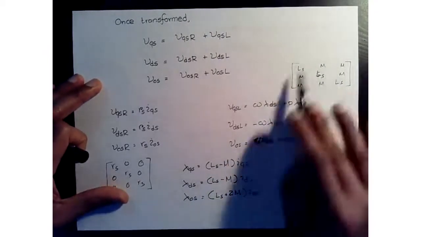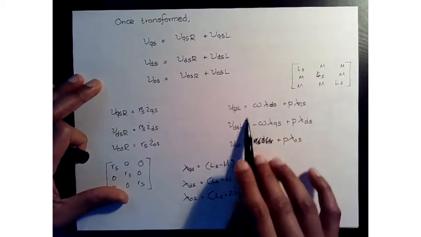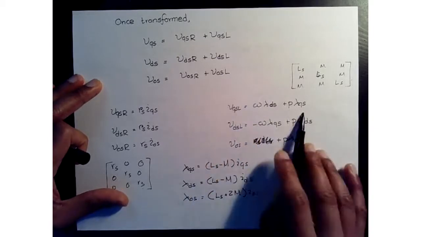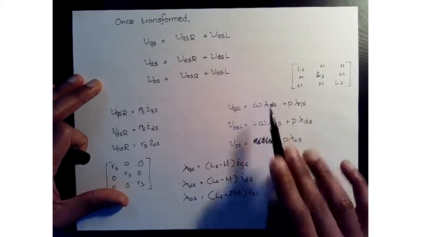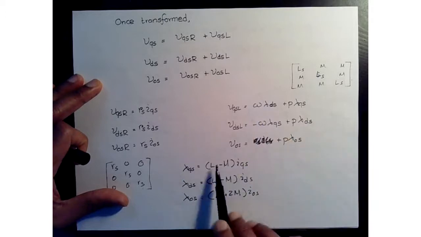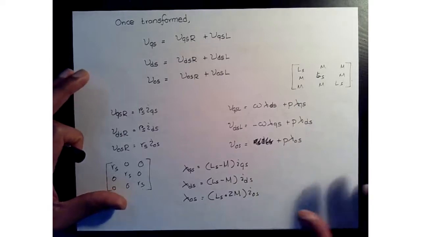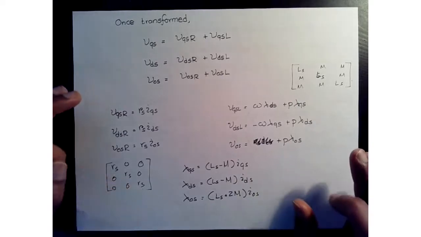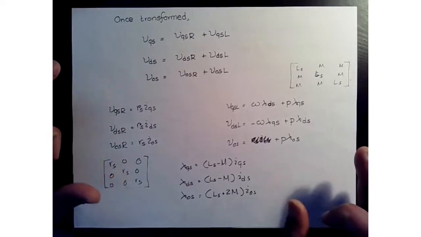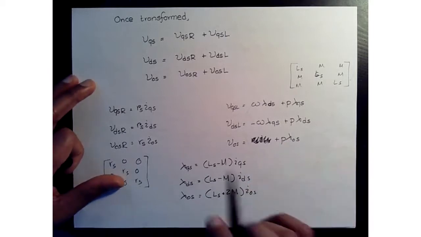When you do the transformation, we said it will have this form of voltages. It will convert into these, and then these flux linkages can be written using these current and inductance terms, assuming a linear machine. So this is only valid for linear operation. If your machine is under saturation, this all breaks down. Keep that in mind.